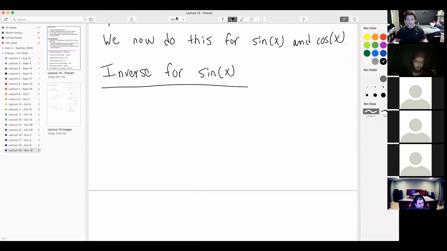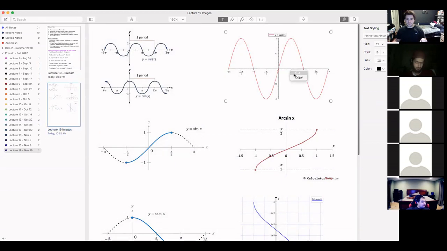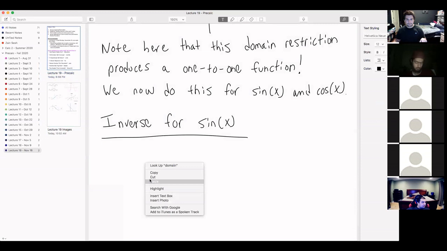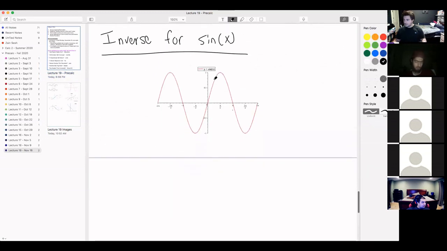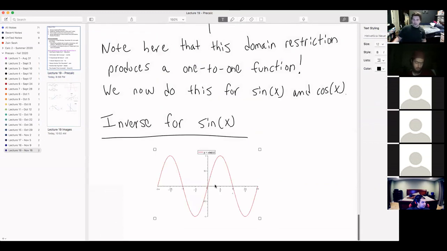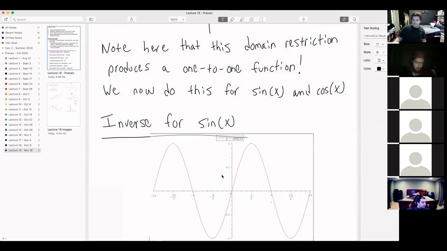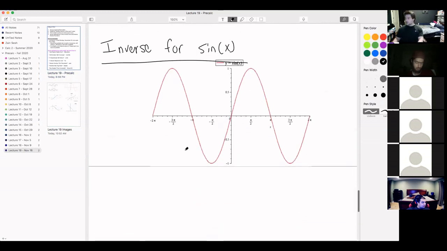All right, so let's go to the graph. Let's make this bigger. As I said before, this guy fails the horizontal line test.